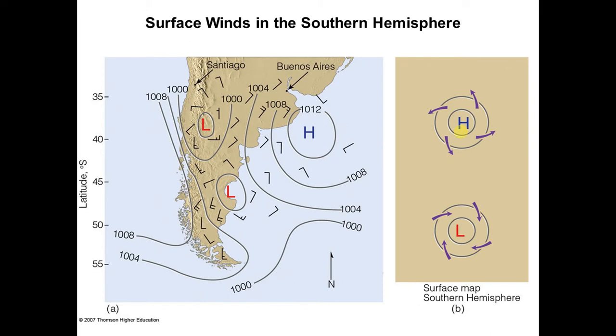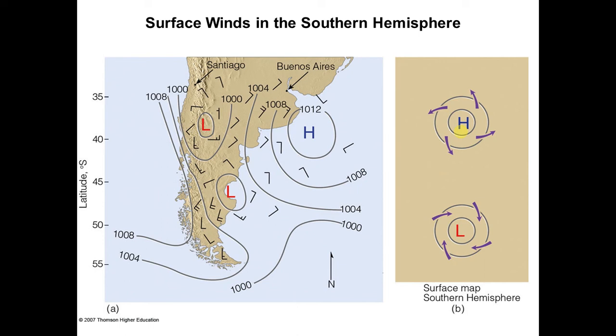Now, in the southern hemisphere, surface winds also feel the effect of friction, but the Coriolis force acts in the opposite direction, due to the fact that the Coriolis force appears to rotate in the opposite direction when viewed from the South Pole compared to the view from the North Pole when you look at the Northern Hemisphere.